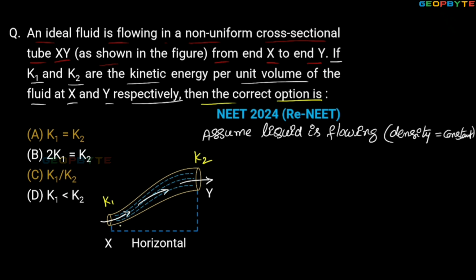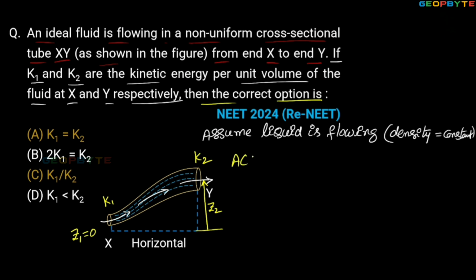Here I can take the elevation at X as the reference point. Therefore, Z1 equals 0 and this is Z2.